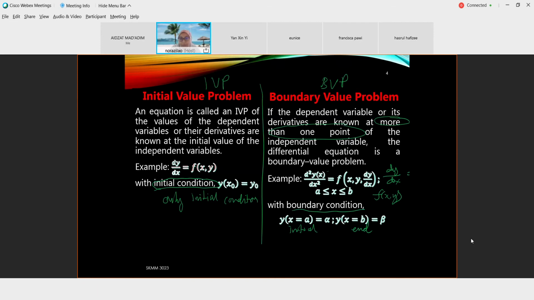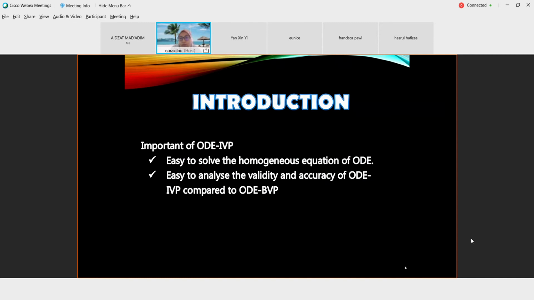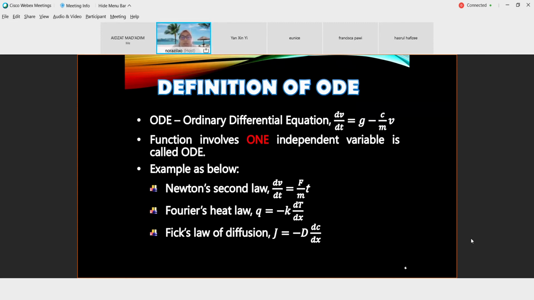Please understand, yeah. As the introduction for IVP, why do we need to learn IVP? Because it is easy to solve the homogeneous equation of ODE and easy to analyze the validity and accuracy of ODE compared to BVP. Of course, IVP is easier than BVP. ODE is ordinary differential equation.